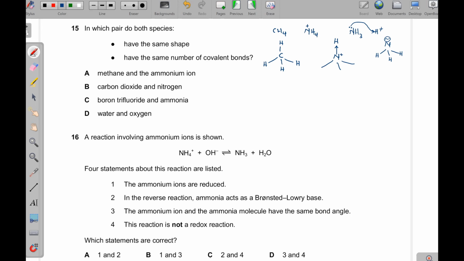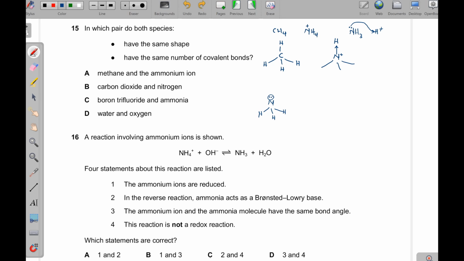Suppose I bring this one down here, it will make more sense. There is ammonia. Using valence shell electron pair repulsion theory, lone pair bond pair repulsion is stronger than bond pair repulsion.